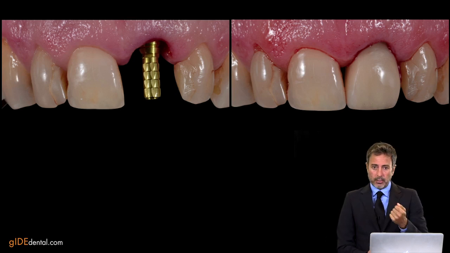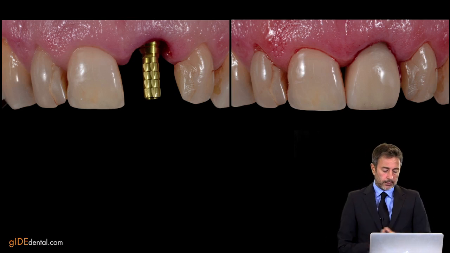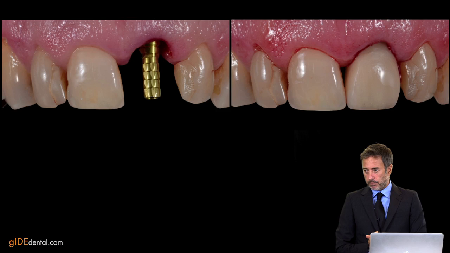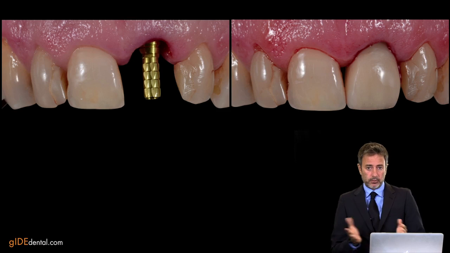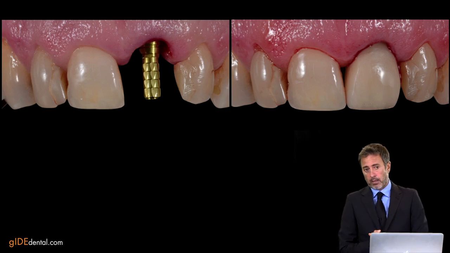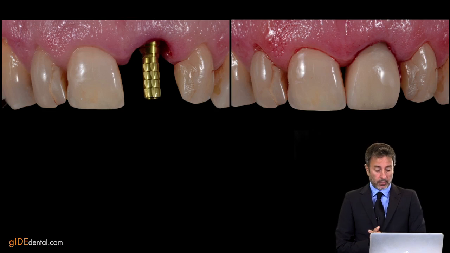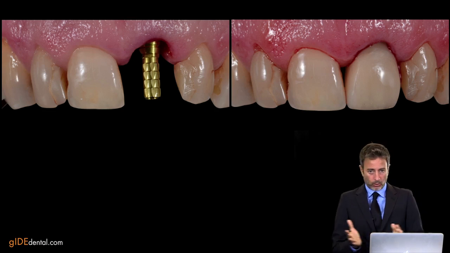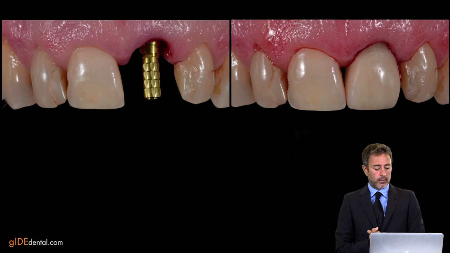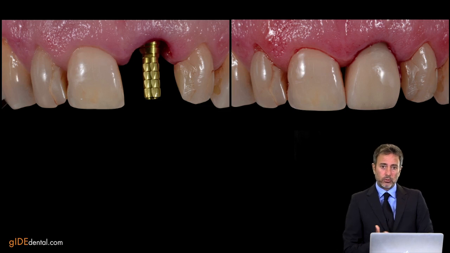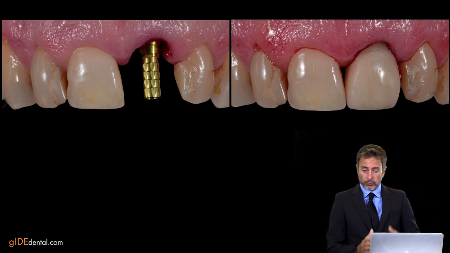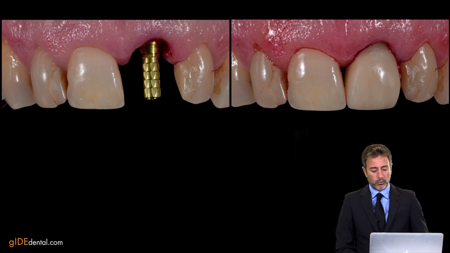If I can turn the implant with my hand, which means approximately 10-12 newton centimeters, then I don't load it, I don't put any abutment, and we cover the implant. So this is the concept that we are using in our office.